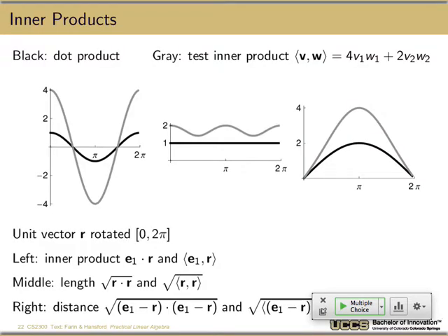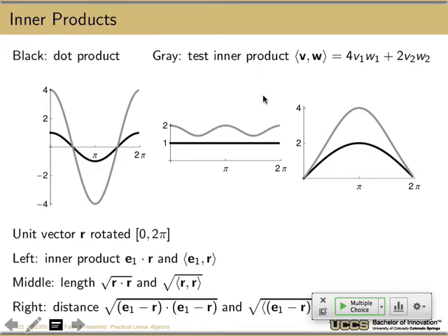But coming back to inner products, we can actually talk about inner products going back to those polynomials. I can talk about the product between two different functions in this space. So here I'm going to do the inner product for each point in a curve, and the black line here is showing you the dot product, and the gray line is showing you this test inner product. So it's doing some rescaling.